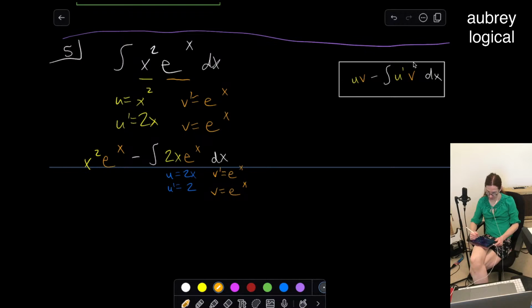Let's rewrite our problem now. Times e to the x minus, now we've got integration by parts, so we've got u times v minus the integral of u prime times v times dx.